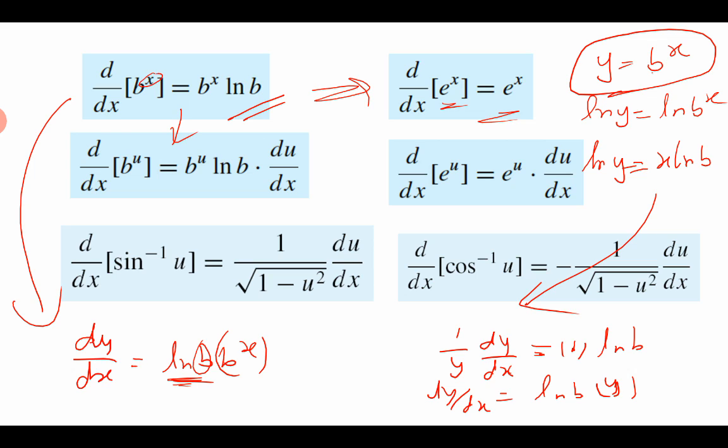If x is replaced by another function u, which is a function of x, then repeat this term: the derivative of b power u is b power u ln b, and then differentiate u by chain rule, du by dx. So remember these basic formulas for b power x, any base b. When the base is e, it is different. B power x, b power u, and e power u. There are 4 formulas for exponentials and 2 formulas for sine and cosine inverse.